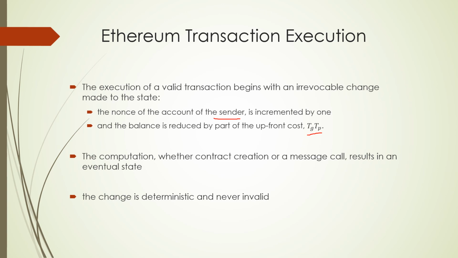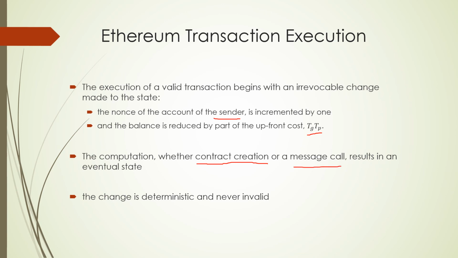The computation of the transaction execution results in an eventual state. We will have a state that is going to be different from the state before doing the transaction, and we are going to do this state transition whether the transaction is a contract creation or a message call.